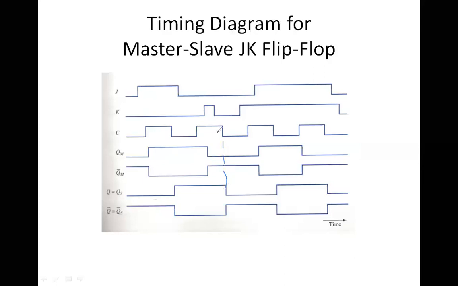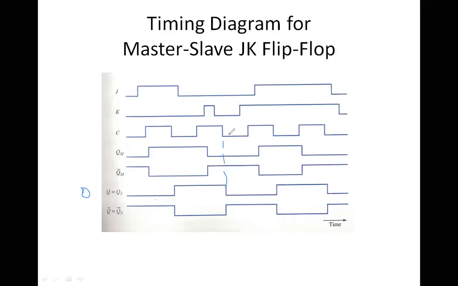Now, when will my slave work? Only when my C is 0. C is 0 means what? It will pass through the inverter, and the inverter will give me 1. So whatever is the value here will get passed out.